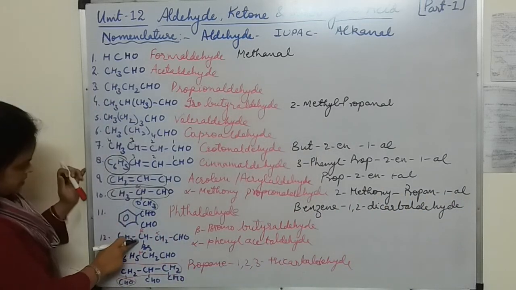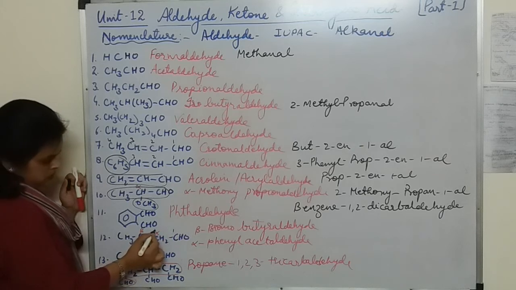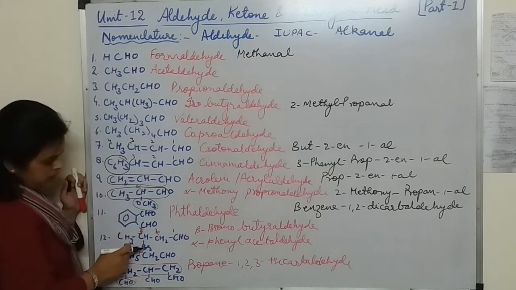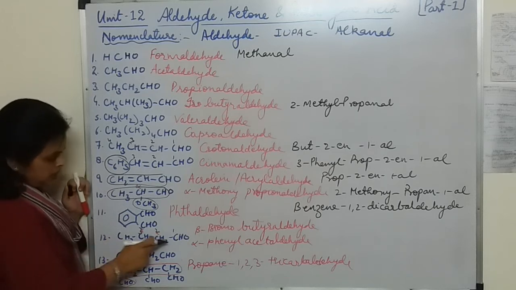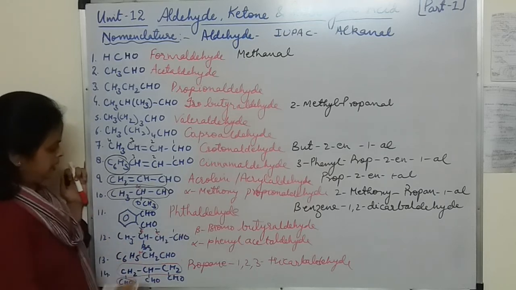Now it is the same, 1, 2 and 3. So it will be 3-bromo, and 4 carbons, so it will be but. 3-bromobutane 1-al.